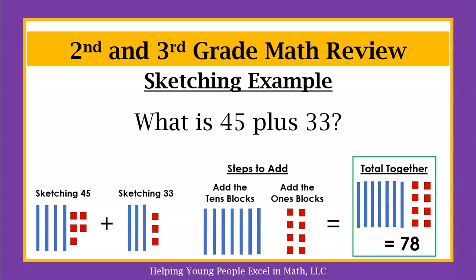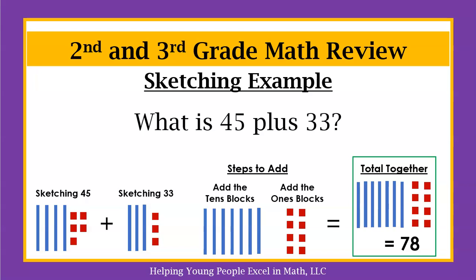Our next step is to add all of our tens blocks together. When we count them all together, we can see that we have 1, 2, 3, 4, because remember we have a 4 in the tens place for 45, and then 3, because there's a 3 in the tens place, 3 tens blocks. So 4 tens blocks plus 3 tens blocks is equal to 7 tens blocks.